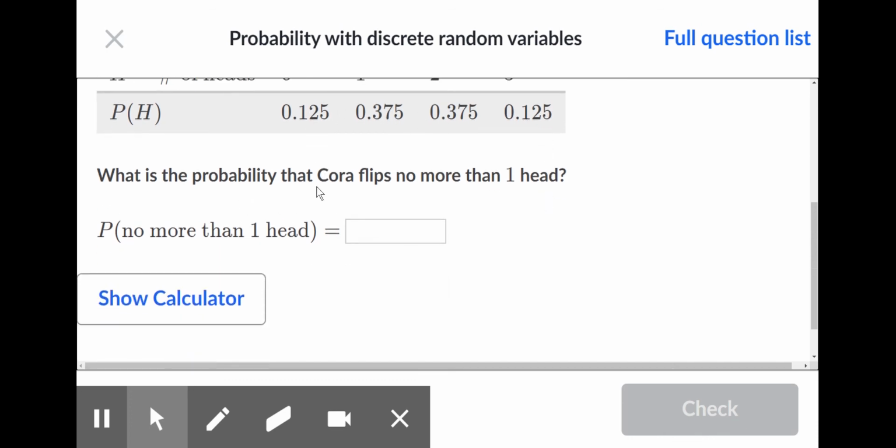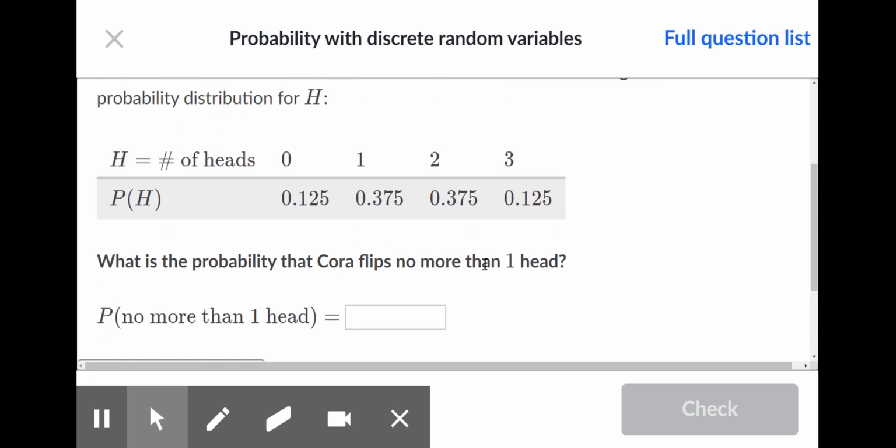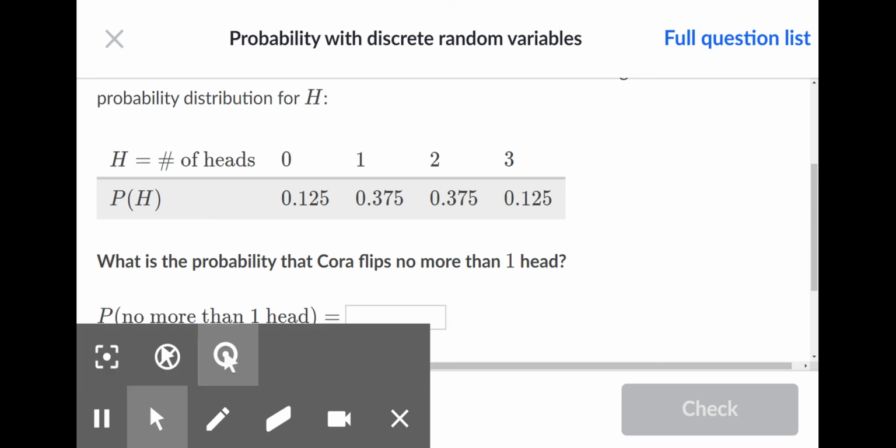What is the probability that Cora flips no more than 1 head? No more than 1. Does it include 1? Yes. So it's not 2, not 3, but no more than 1. Can it be less than 1? Yes, it can. So it's 0.125 plus 0.375. It's 0.5.